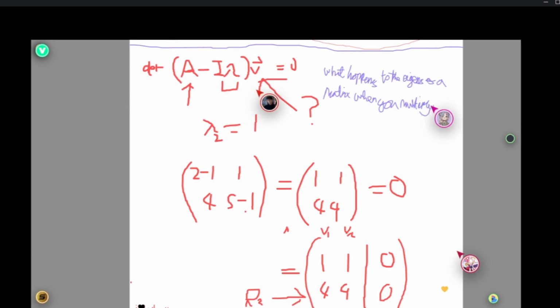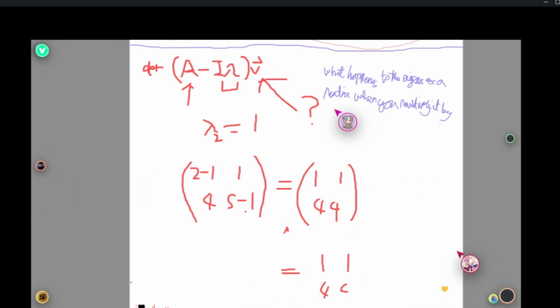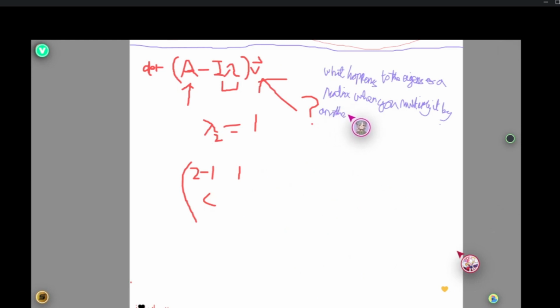We will minus, let's say, 4 of row 1. So this will give us, let's cancel this out. There's gotta be a better way of doing this, but oh well. It will have 1, 1, 4, 4.